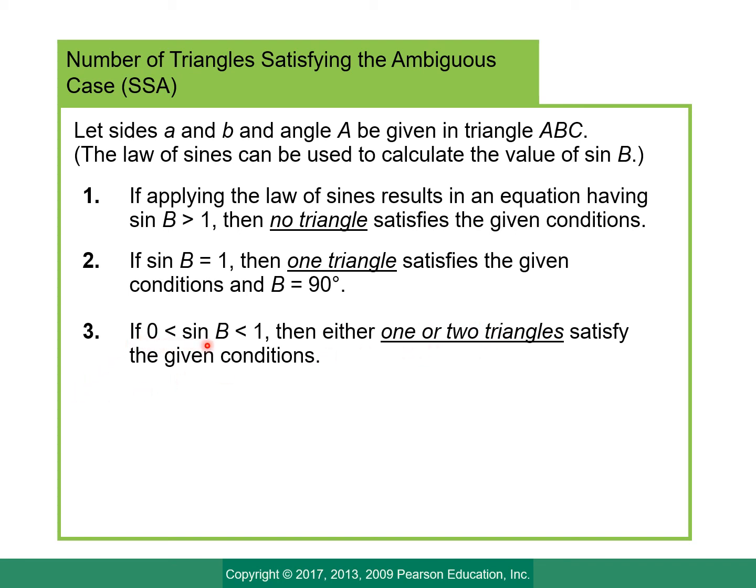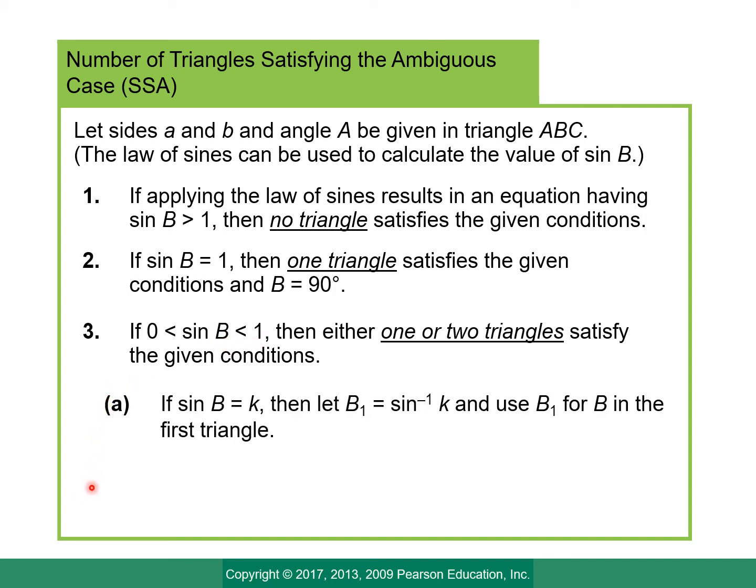So if the sine value of your missing angle B is between 0 and 1, then you have to break this apart. If sine B equals some value between 0 and 1, we're calling it K, then B1 is just sine inverse of K. Use your calculator to take sine inverse of K, and that's your first missing angle B1.